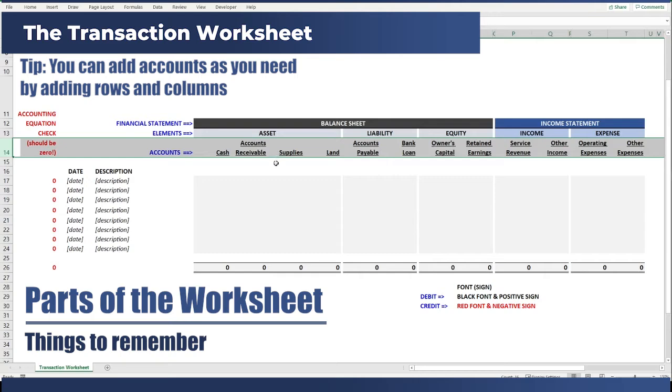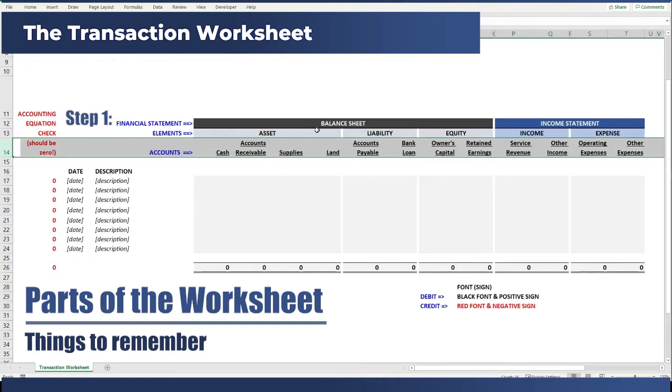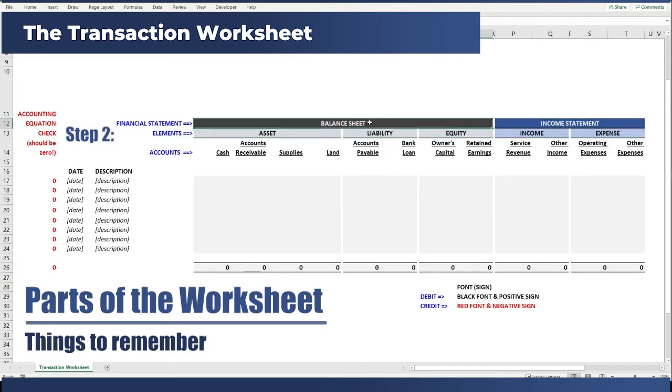However, you have to remember that in order to add an account, you have to have a thought process. You have to think about whether the account that you want to add is a balance sheet or an income statement account. After determining that it's a balance sheet account, think about whether it is an asset, a liability, or an equity account. If it's an income statement account, is it an income or an expense?